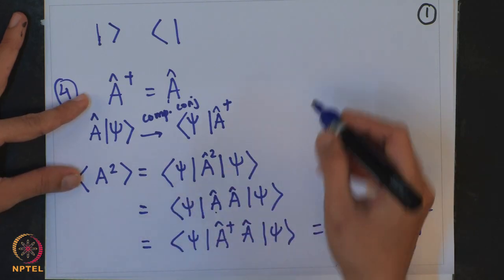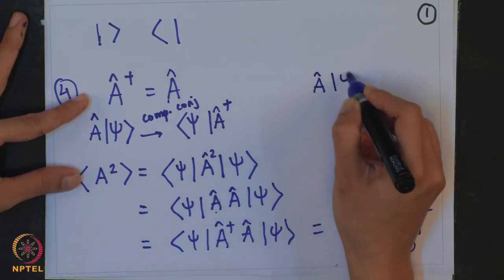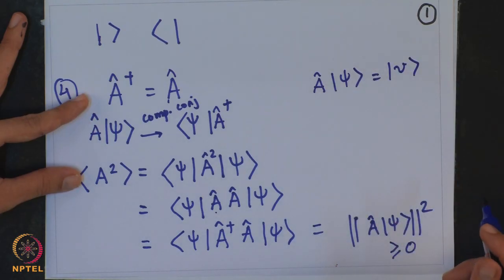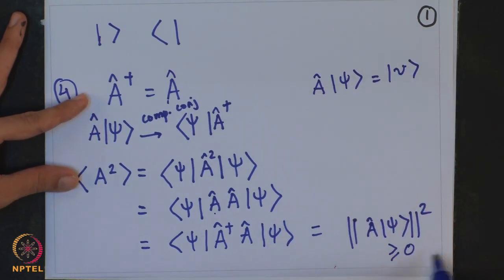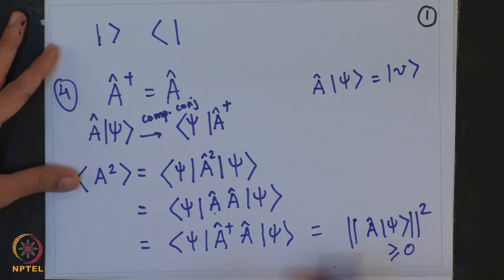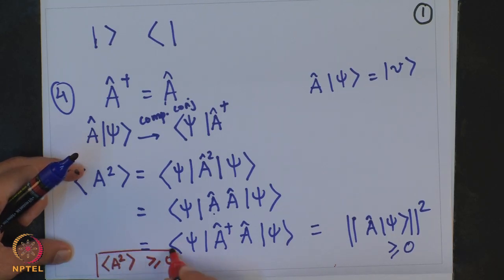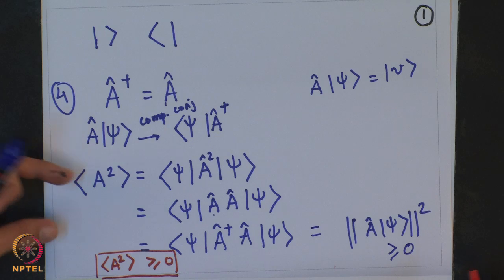Another way would be to simply define this as some vector v and do a similar exercise. Both ways you can do it. So, we have proved here, and you should remember, that the expectation value of A square is greater than or equal to 0, since the norm of a vector is always greater than or equal to 0.